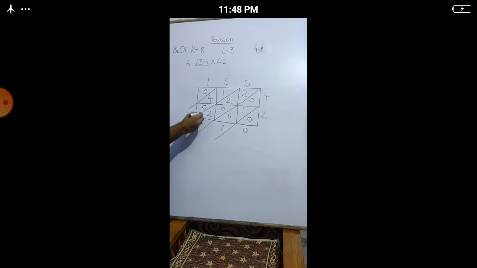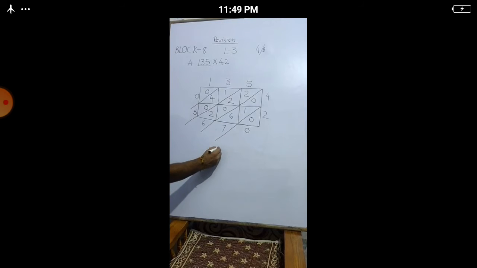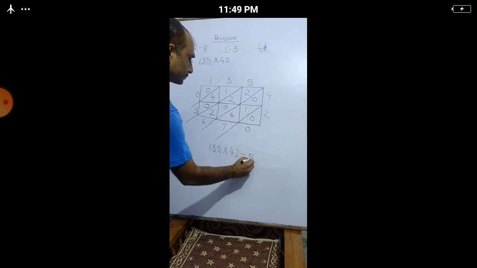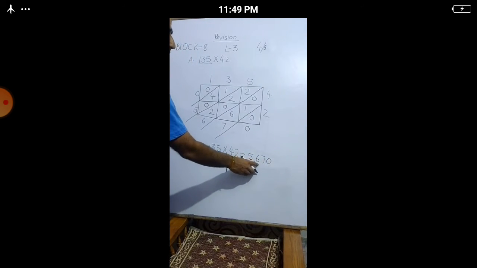So here 6. 4 plus 1 is 5. 5 plus 0 is 5. Here will be 0. So our answer is 0 5 6 7 0. So 135 into 42 is equal to 5670.